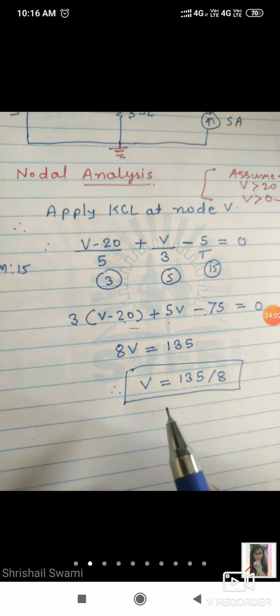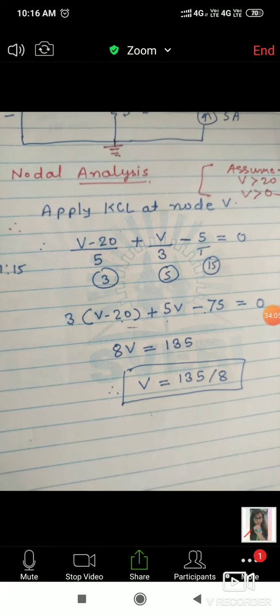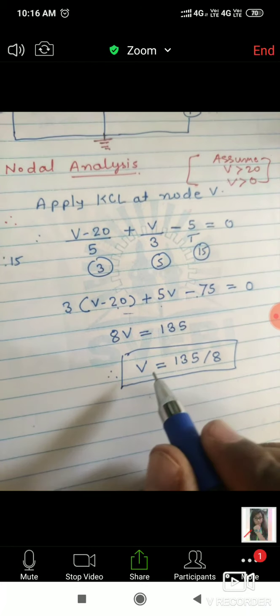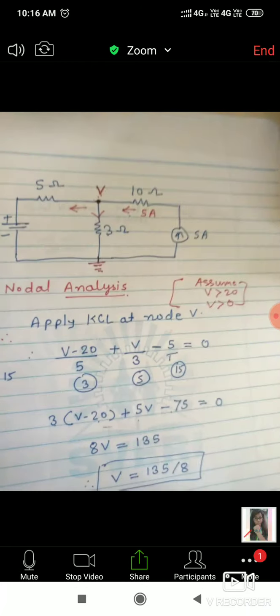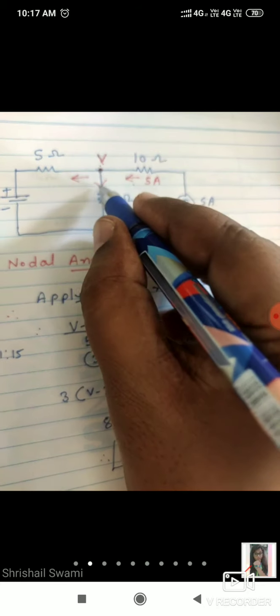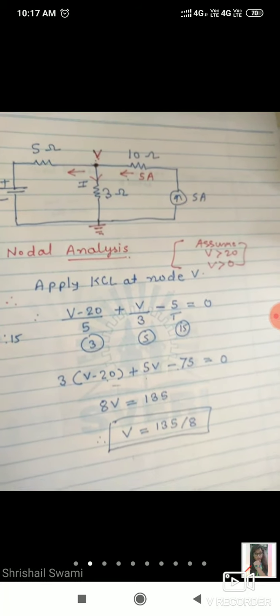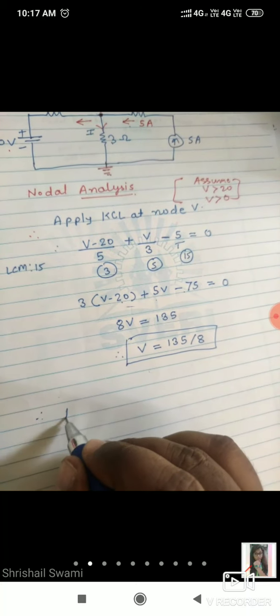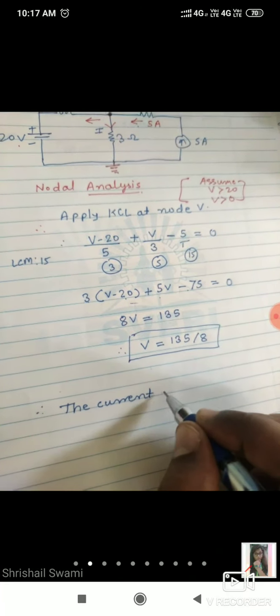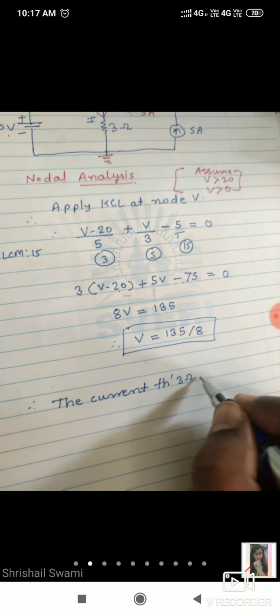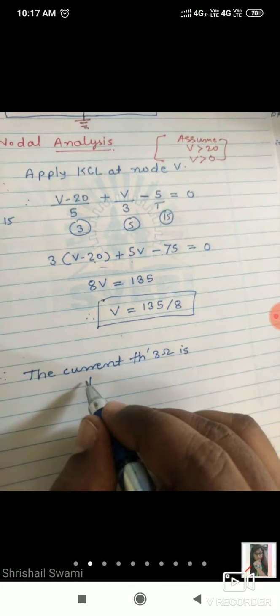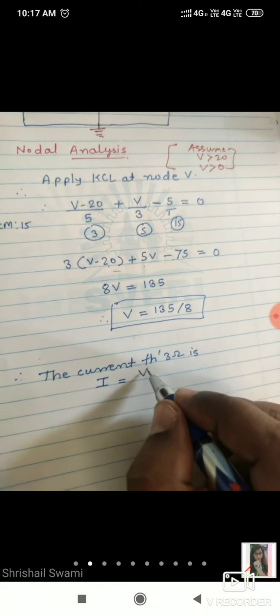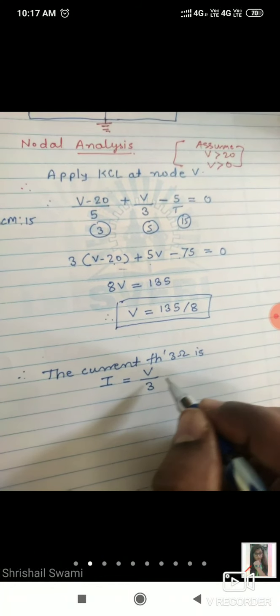Now here V is equal to 135 by 8. So that node voltage we got, but we are interested in this current, which I will give the name I. Okay, so the current passing through 3 ohm is I is equal to V divided by 3, V minus 0 divided by 3.